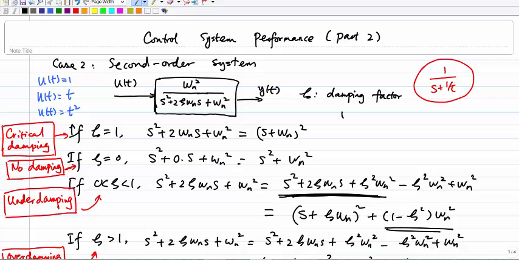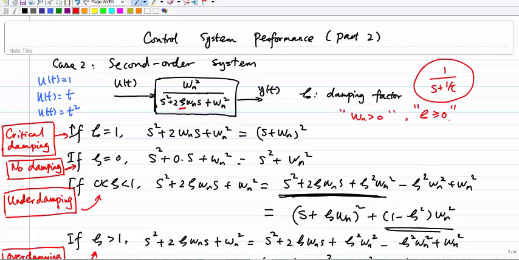Here the Wn typically is positive for the second order system. This theta is also not less than 0.